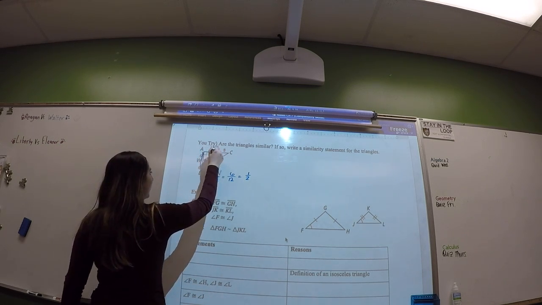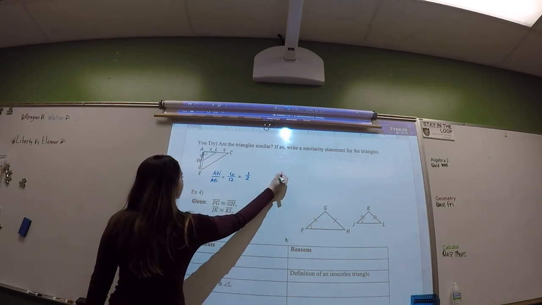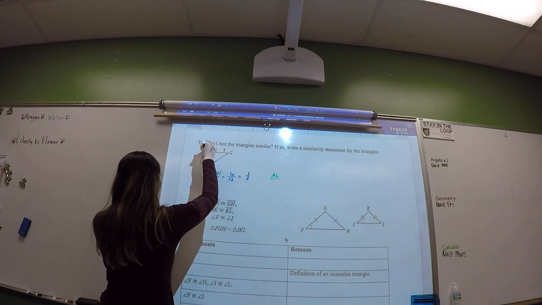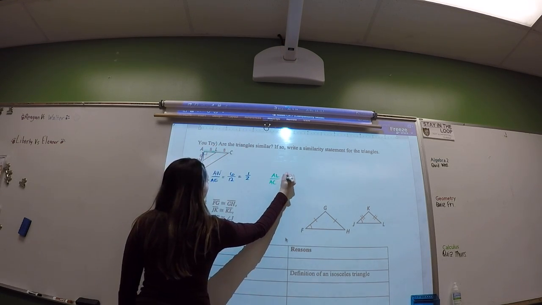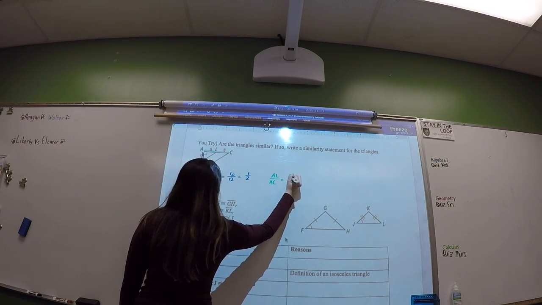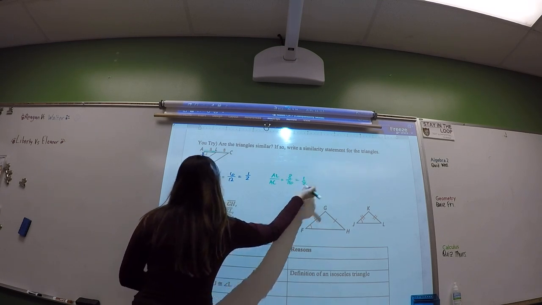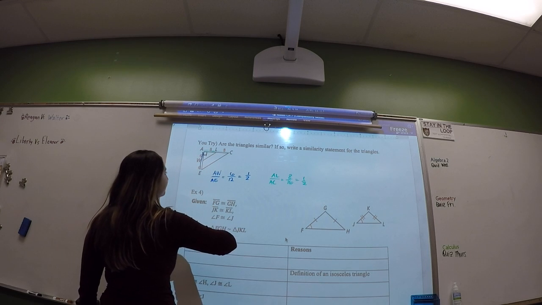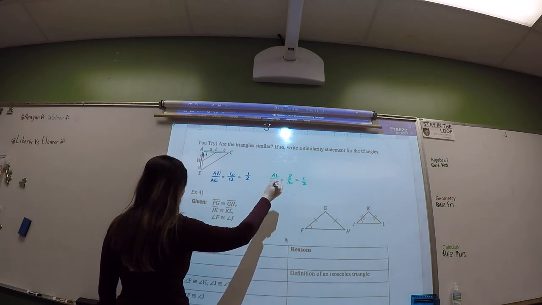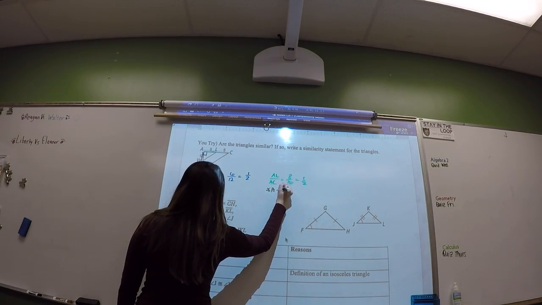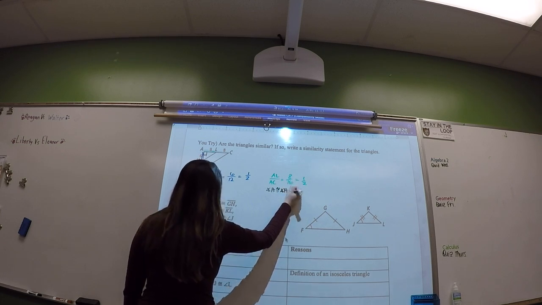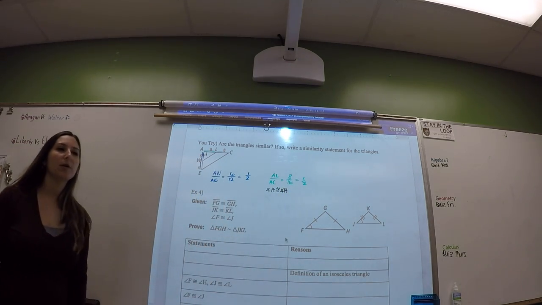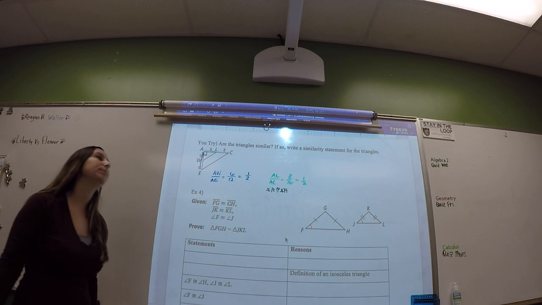And then AL over AC is 8 over 16, which also simplifies to 1/2. And the included angle is angle A. So angle A is congruent to angle A. You could either say by the reflexive property, or because right angles are congruent.